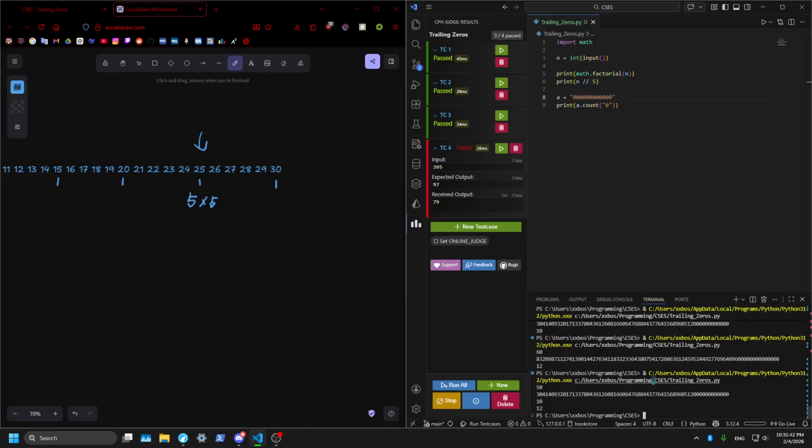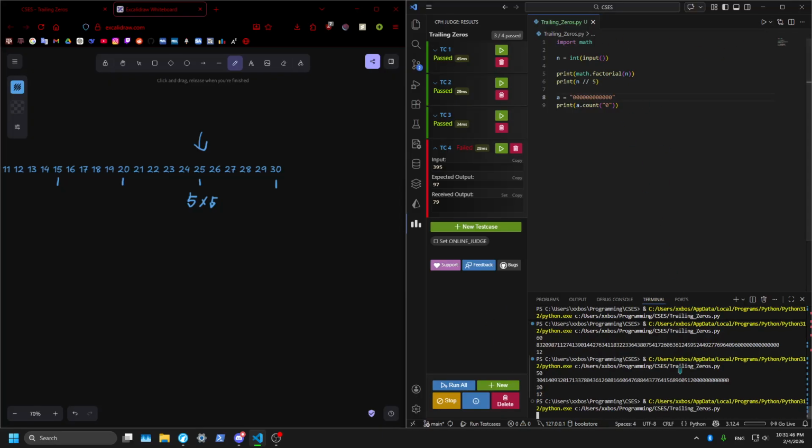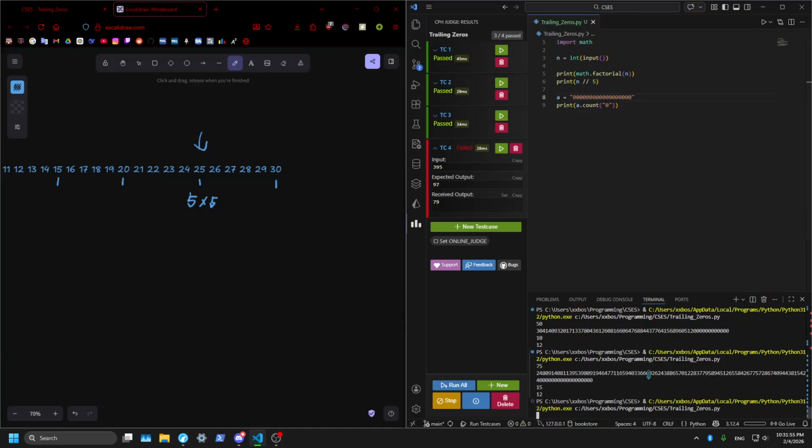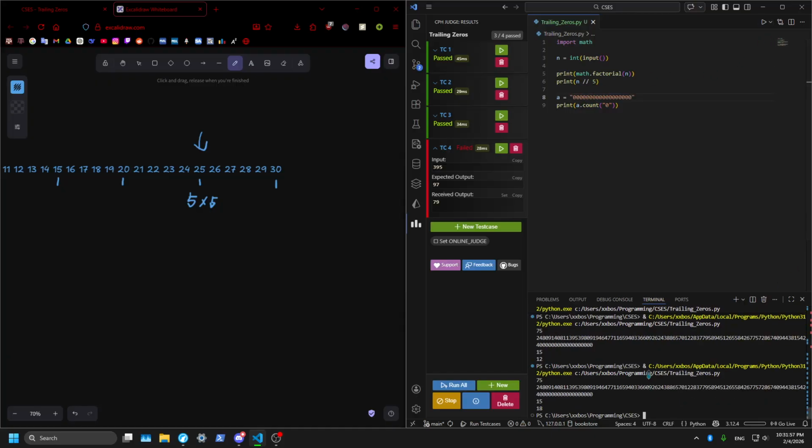Yes. Now 75 would be the next breakpoint. Okay, 75 is 18?